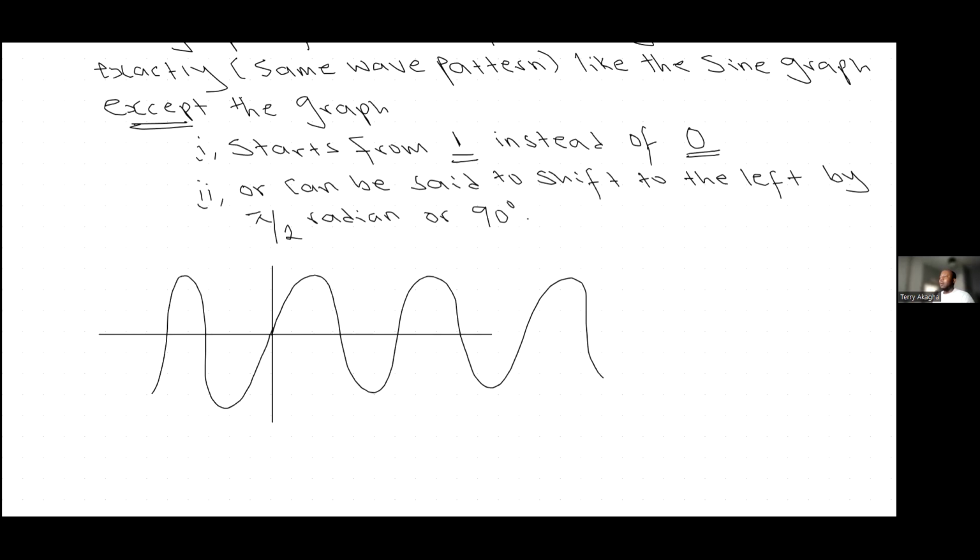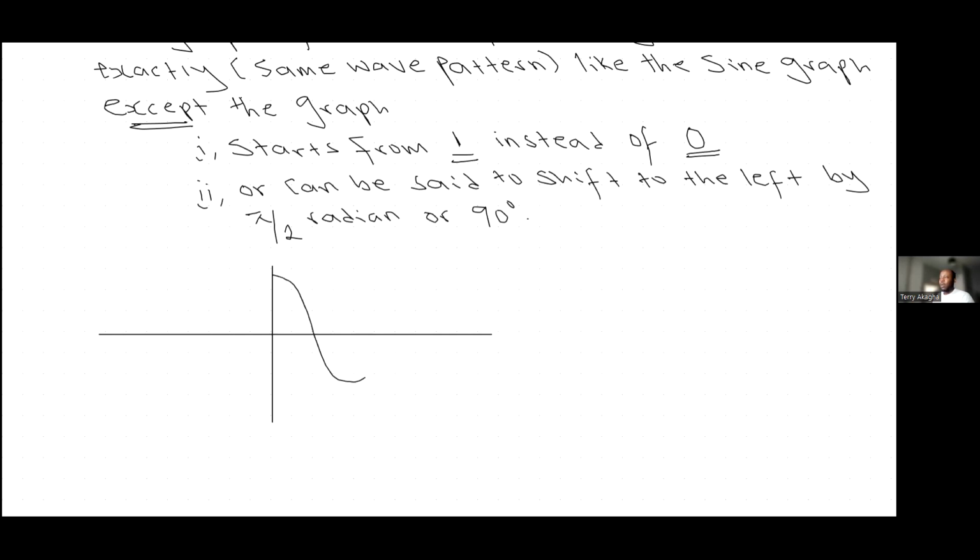Good. Now what we are saying is that a cosine graph, instead of starting from the origin, is going to start from 1. So it's going to come like this, the same sinusoidal graph, but the only difference is that it's starting from 1. You can also say that this is a sine graph that was shifted by 90 degrees.